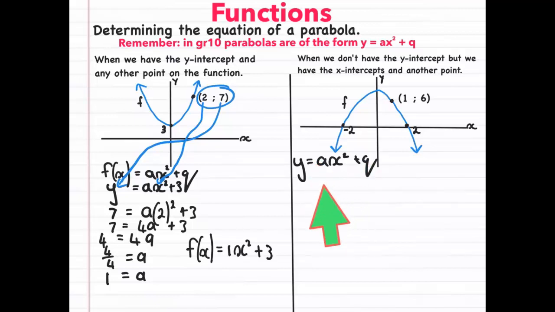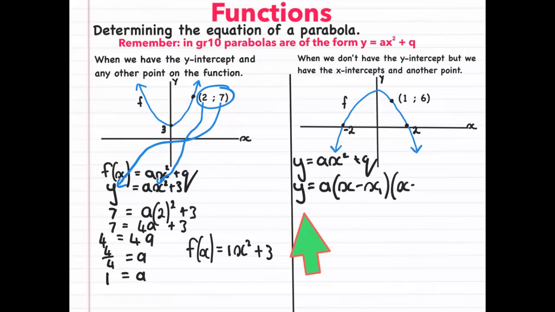So I need to memorize the following formula. Please pay attention to this one. I am going to use a factorized version. So y equals a, and then in brackets x minus x1, and then x minus x2.